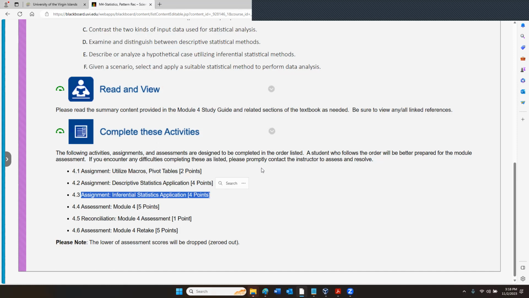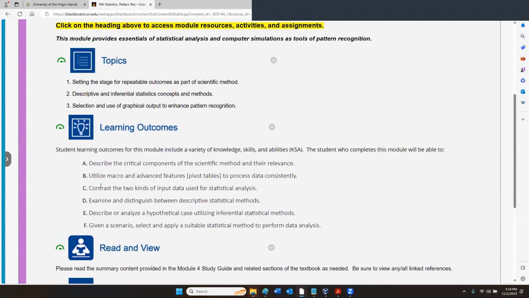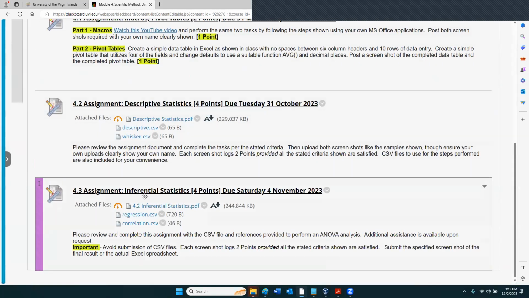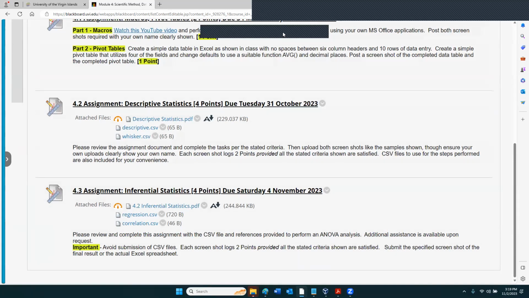What we'd like to do is wrap up the review for inferential statistics and then give you time to finish your assignment and then to log your first attempt of the Module 4 assessment by the start of our next class. So this is the assignment of reference. And in order for you to do well on your first attempt of the Module 4 assessment, you're going to want to finish this assignment before the week is out.